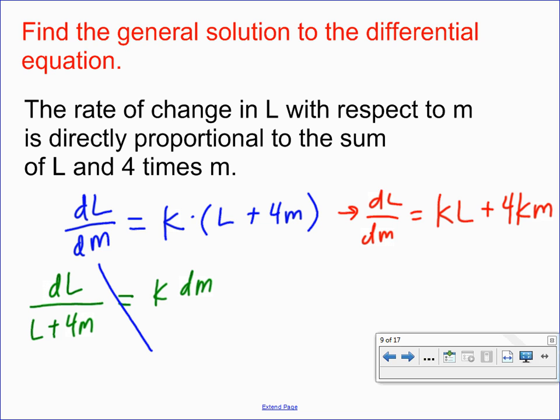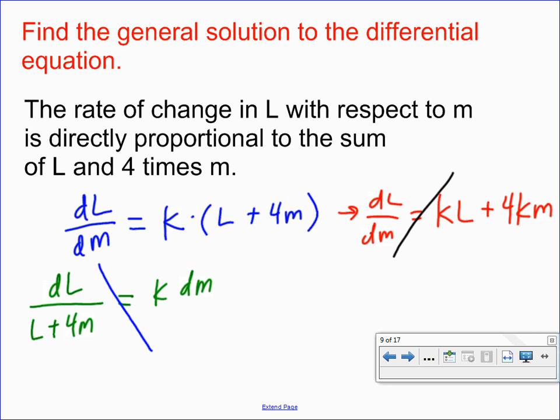We can't separate here because we have to use subtraction in order to separate, and that's going to make dM then apply to both this term and this term when I multiply it to both sides. If we subtract over that kL, we still have a dM here, and when I go to multiply that dM over, it'll be multiplying the minus kL too, and so I'd still have M's and L's mixed together on the same side. So this doesn't help us either.